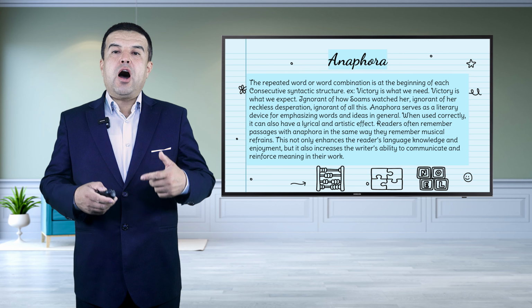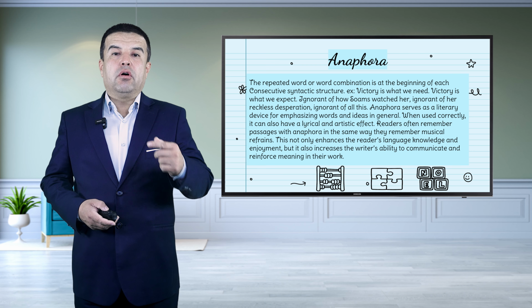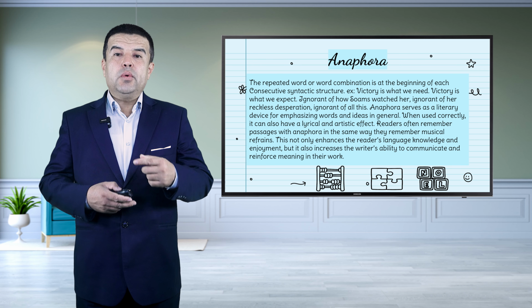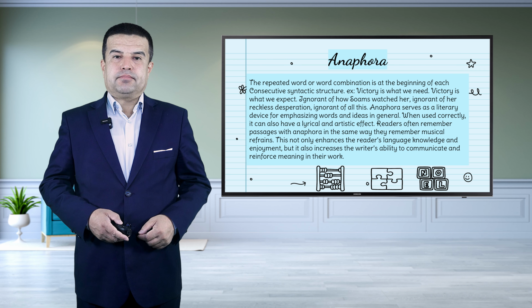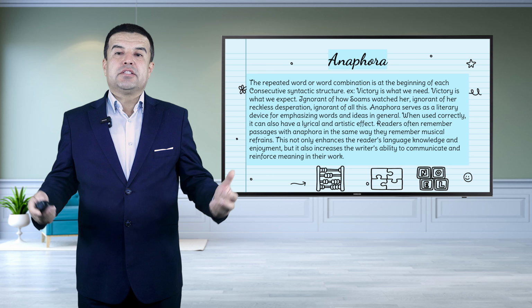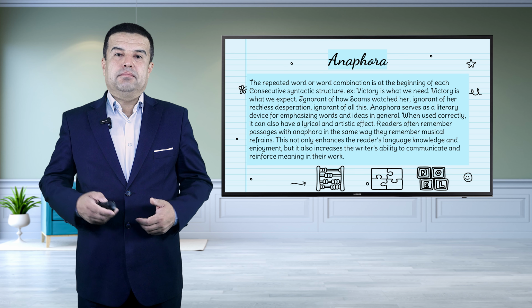"Ignorant of how Soames watched her, ignorant of her reckless desperation, ignorant of all this." In these sentences, anaphora serves as a literary device to emphasize words and ideas in general.